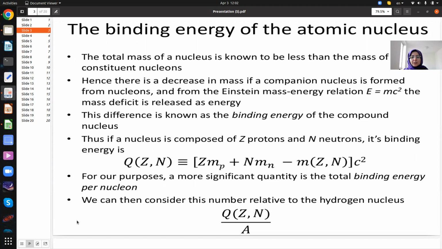For our purposes, a more significant quantity is the total binding energy per nucleon.